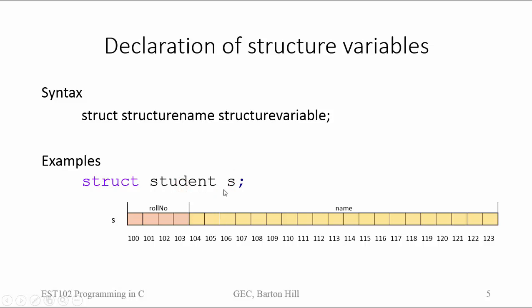Here s is the structure variable, and when we declare it like this, memory is allocated for s by the compiler. Considering that int takes 4 bytes, in s roll number will take 4 bytes and name[20] will take 20 bytes. This is how the memory will be allocated when this statement is executed.